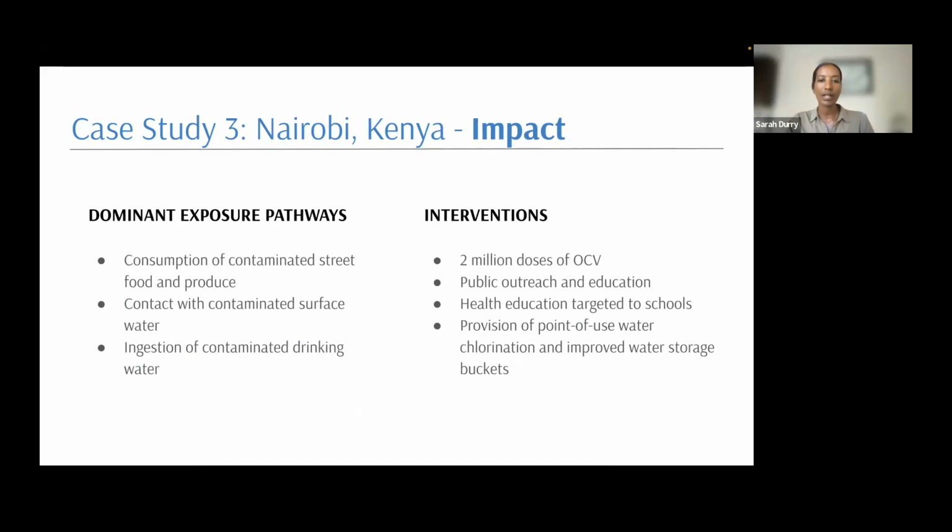The interventions that were used here were the oral cholera vaccine, targeted public health and education, health education that really was based on the dominant pathways that we saw. So I think this is where the tool's data can be really useful. And also provision of point of use water chlorination and improved water storage.